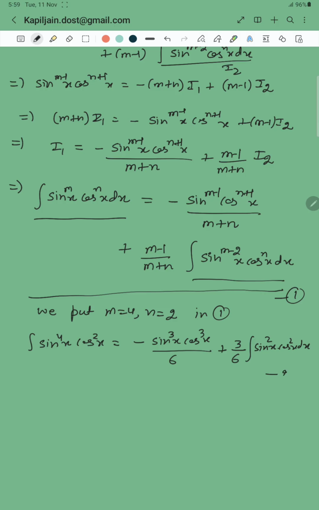Let's say this is 2. Now again put m equal to 2, n equal to 2 in 1.